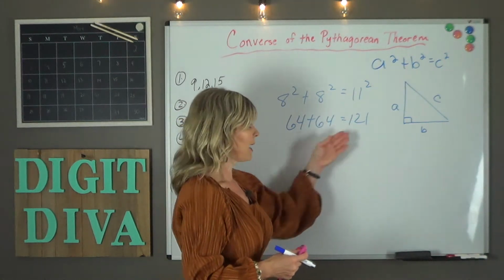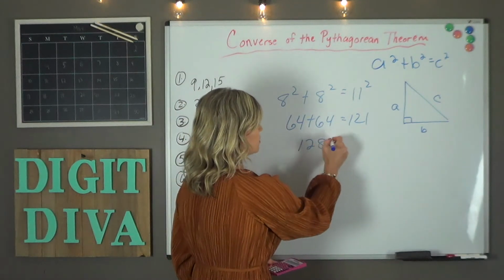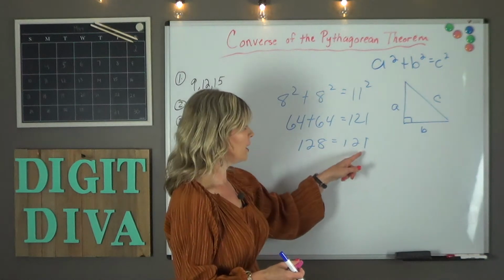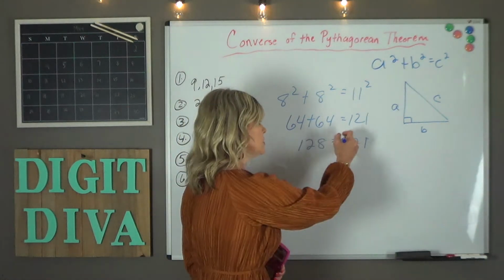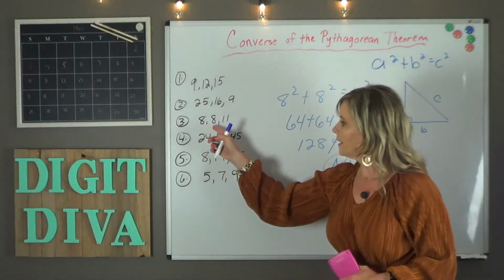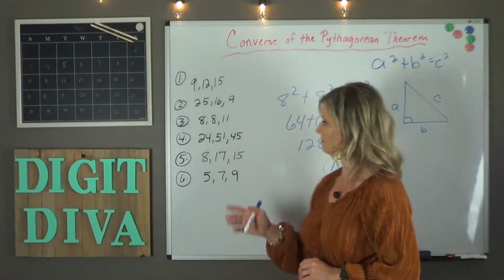Is this going to match 121? Is it going to be equal to it? Well, I can tell that this is 128. And 128 does not equal 121. So our answer would be no. 8, 8, and 11 would not form the sides of a right triangle.